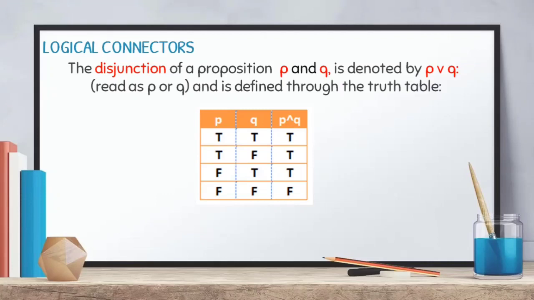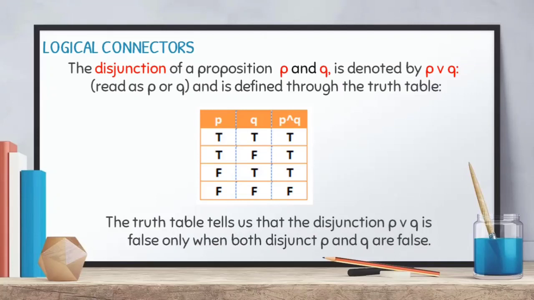So for example, if our propositions P and Q are both true, it follows that our P or Q is also true. But if our propositions P and Q are both false, it follows that our P or Q is also false. Now, in the middle, if either of our propositions P and Q has a true truth value, then our P or Q should always be true.